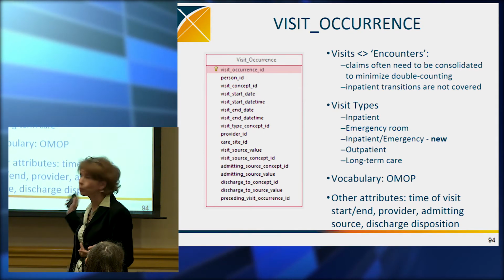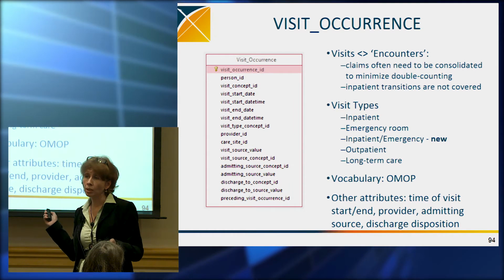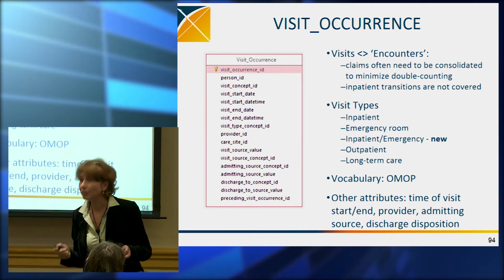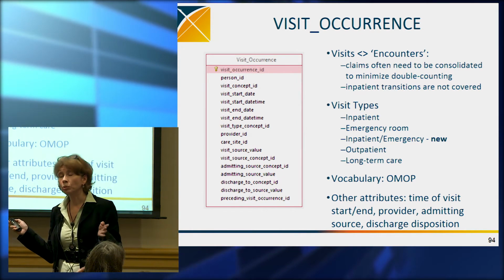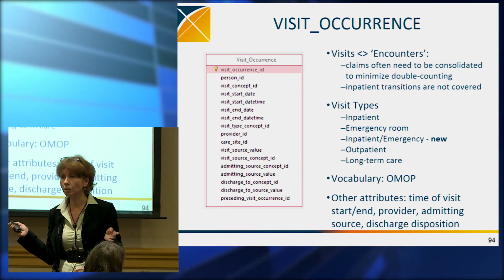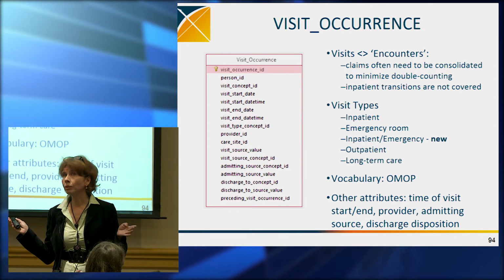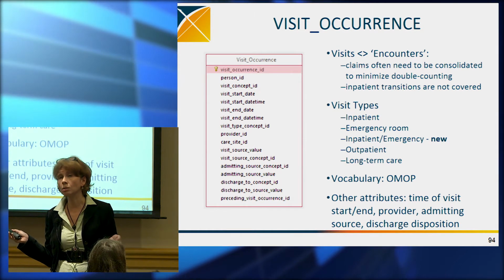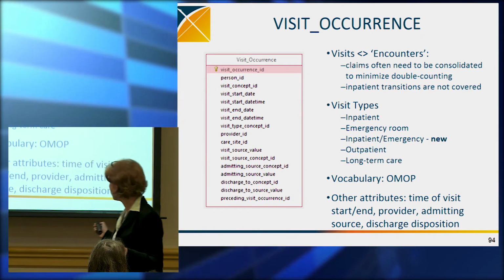And we have a long-term care visit. Each visit is associated with, again, a primary provider. Again, there might be multiple providers associated with one visit, but we chose one. And then the other providers will be reflected in the procedures performed during this visit, diagnoses, and so on.